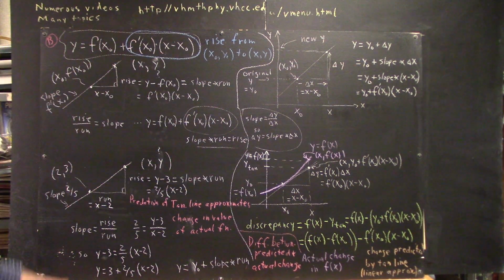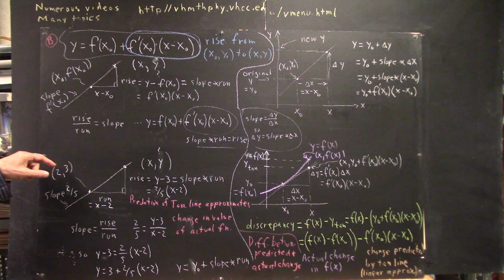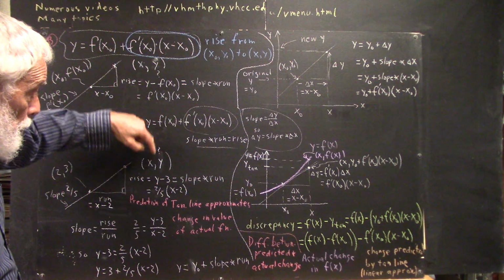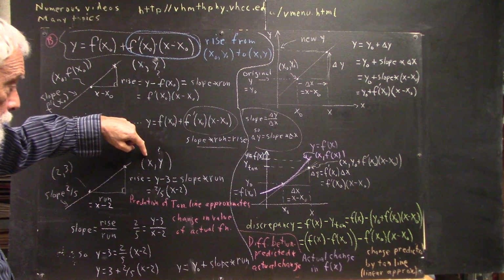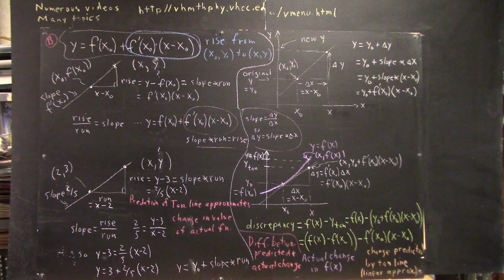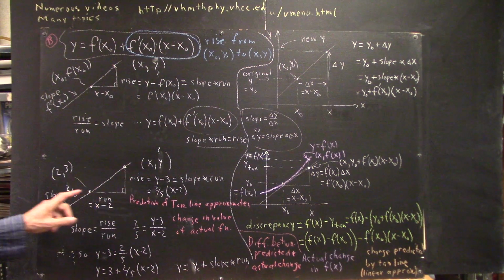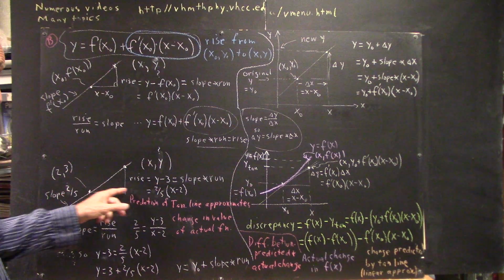We actually started with a numerical example where we had a slope of 2/5 and a point (2, 3), and we saw that the run from this point to the point x, y, where we're not sure what y is, but let's assume we know x, is going to be x minus 2. Because if we're at x here and we're at 2 here, then the run is x minus 2. So we go from here to here.